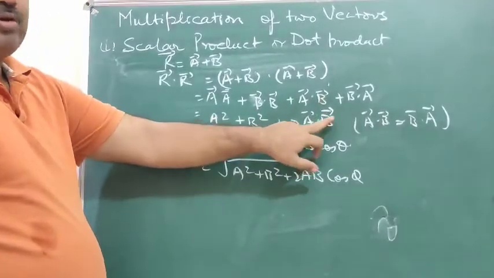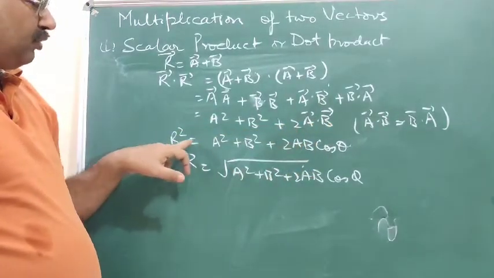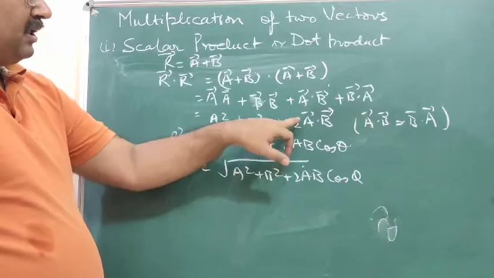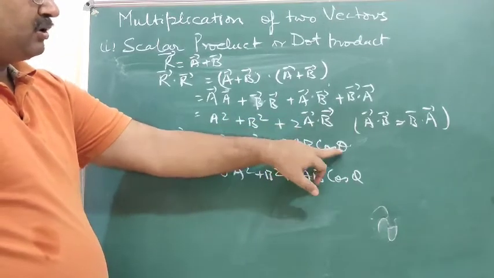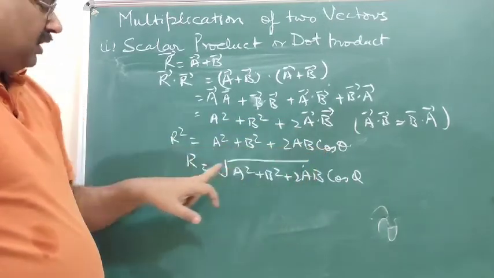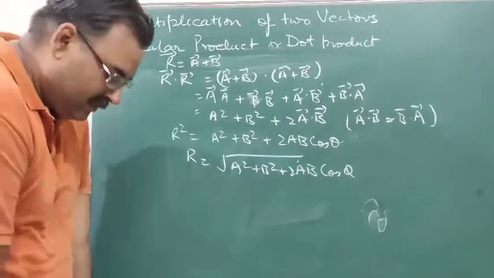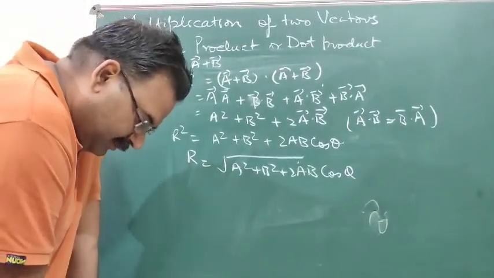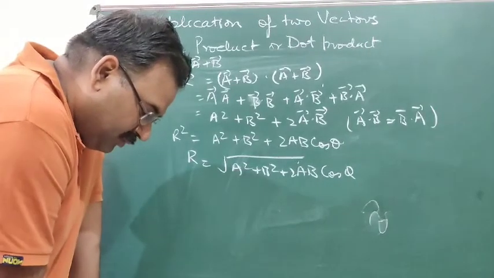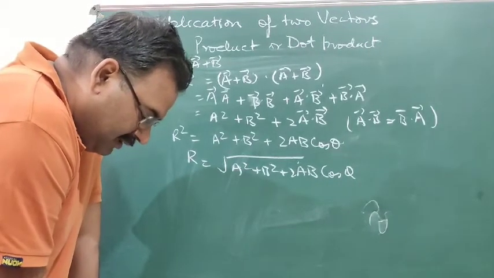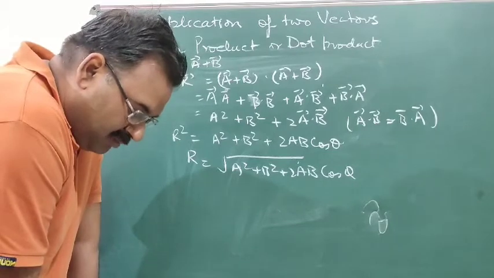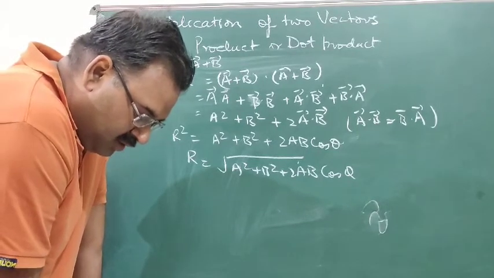So twice A dot B. Now R square equal to A square plus B square plus 2 A dot B. What is the product A dot B? AB cos theta. So 2AB cos theta. So R is equal to root of A square plus B square plus 2AB cos theta. The resultant of vectors can be obtained by this formula.